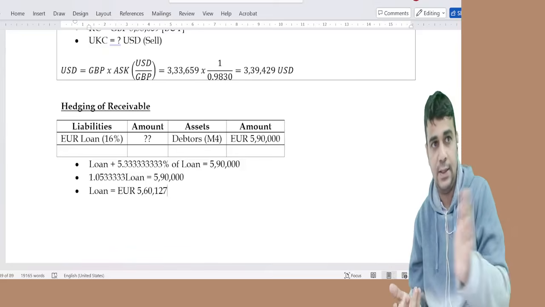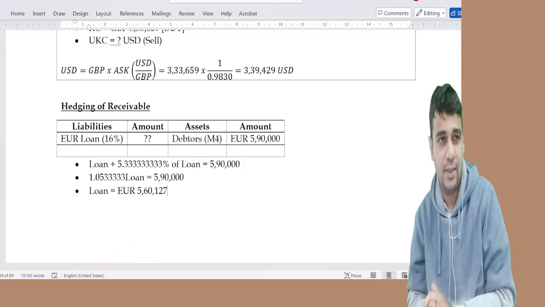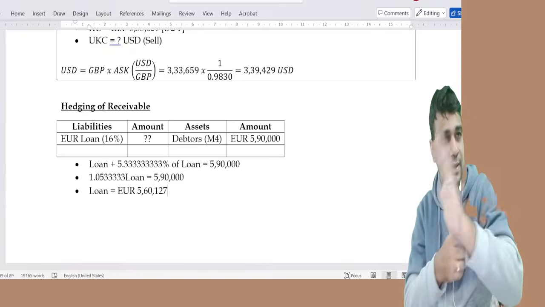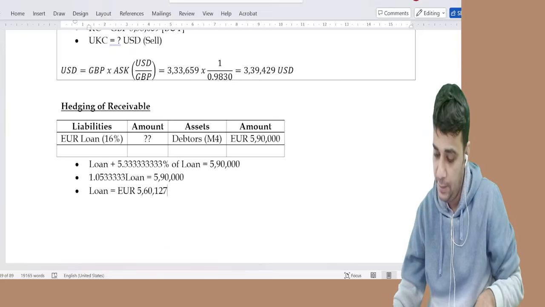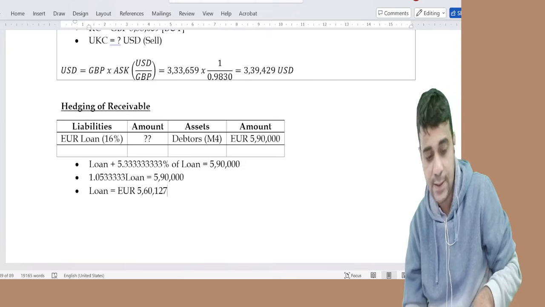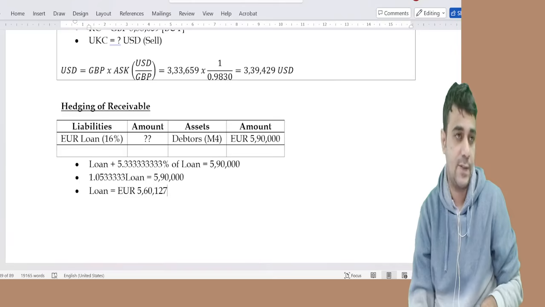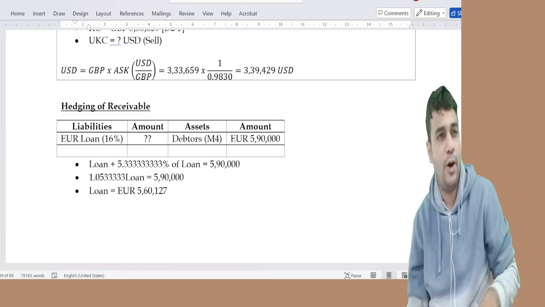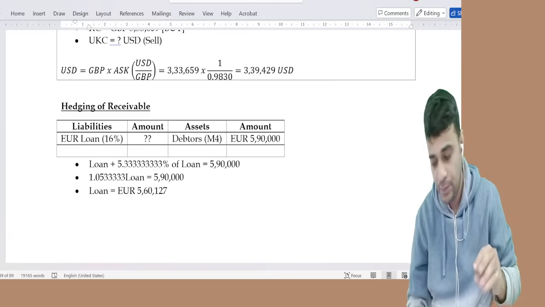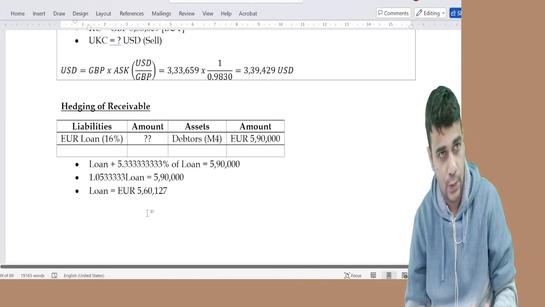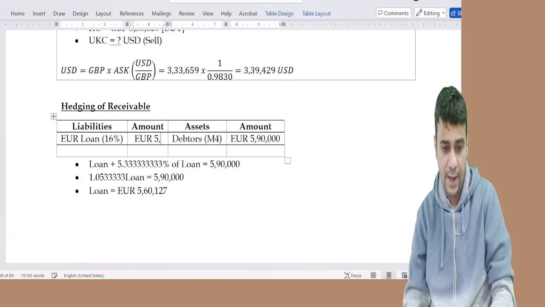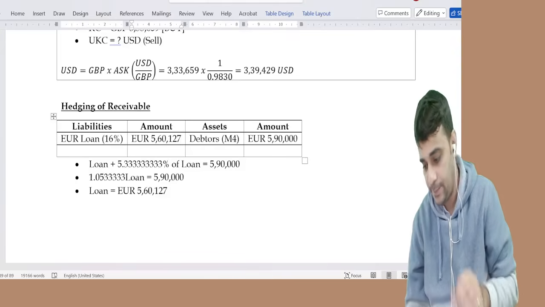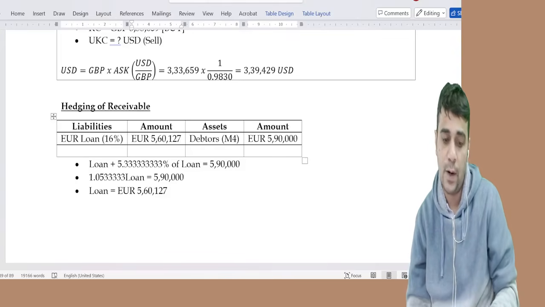I've written 33333 just to avoid the rounding gap. If you just divide by 1.0533, you may get 560,144. I got 560,127 by doing 5.333333 percent. Not sure what I have followed in the solution also. Euro 5 lakh 60,127.